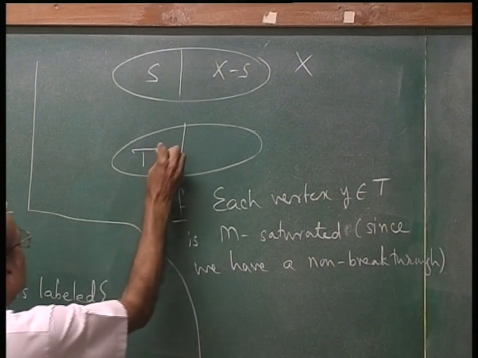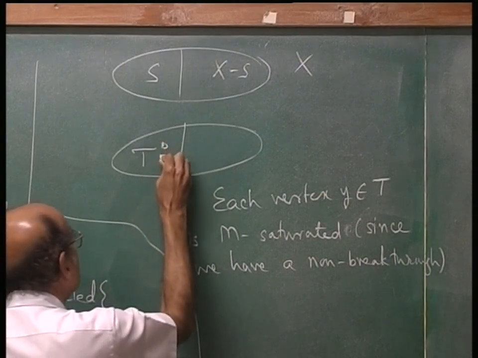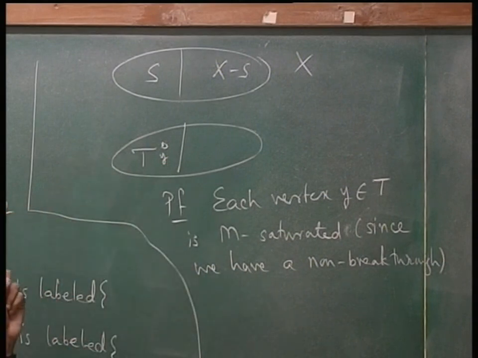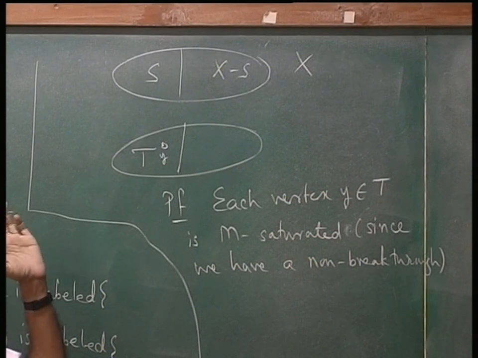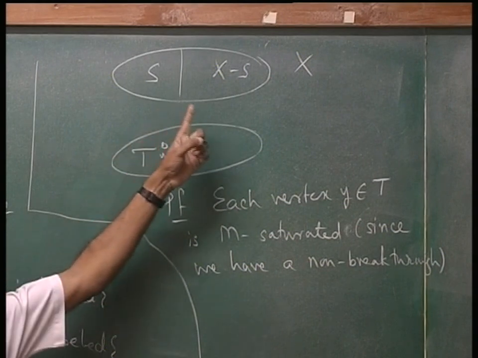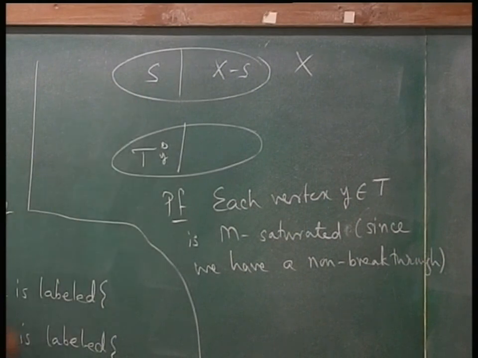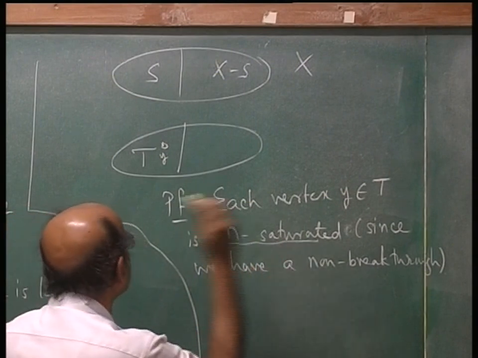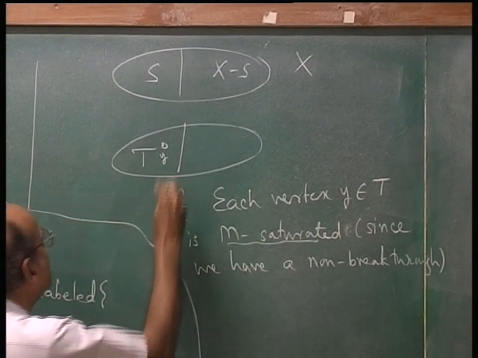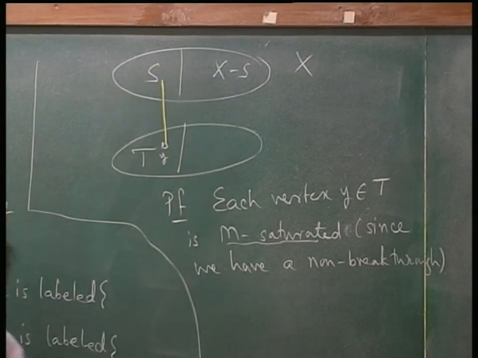So take one such vertex here. Let's call this Y. It gets labeled by something which comes from S, of course, because there are labels in S already. But the thing is, it is in the matching.